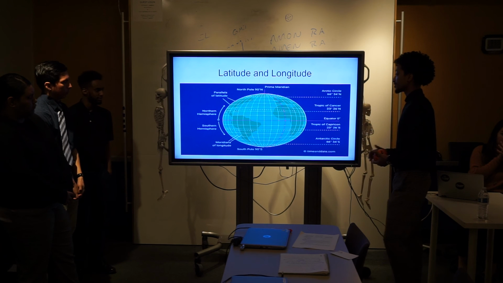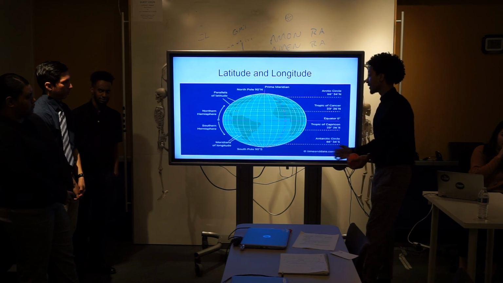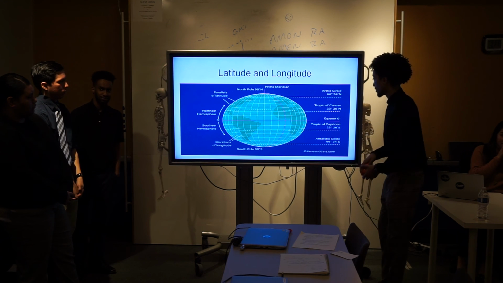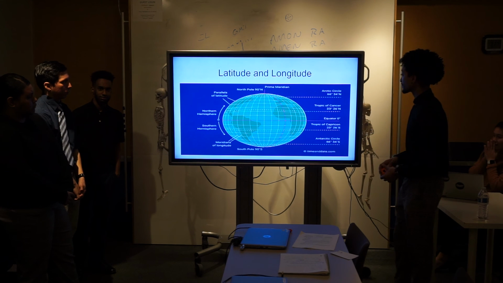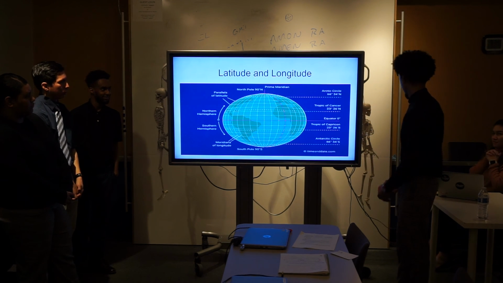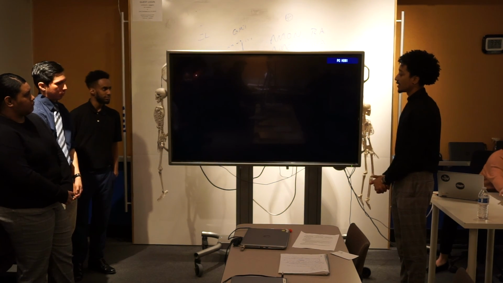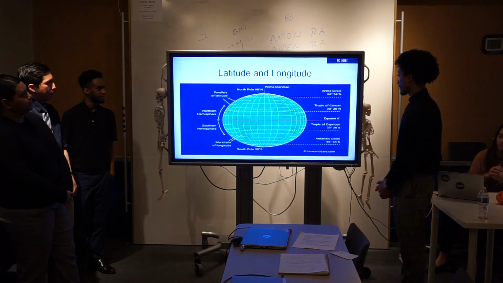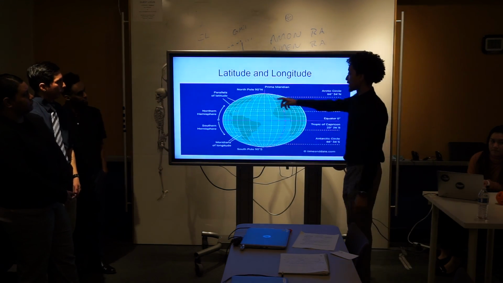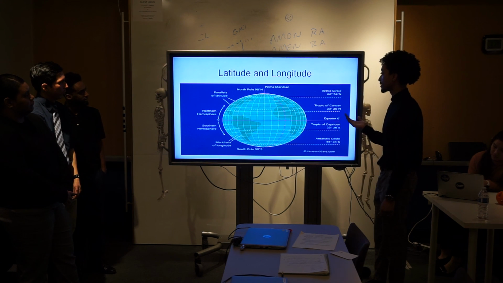The other one is longitude. Longitude is the line that runs from north to south. It's called the meridian. The point right here is called the prime meridian.